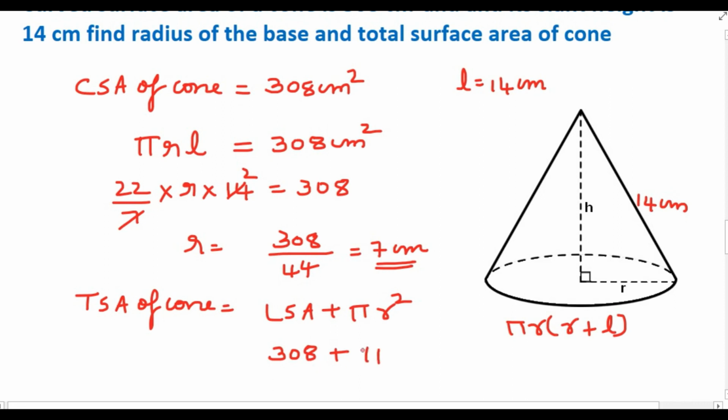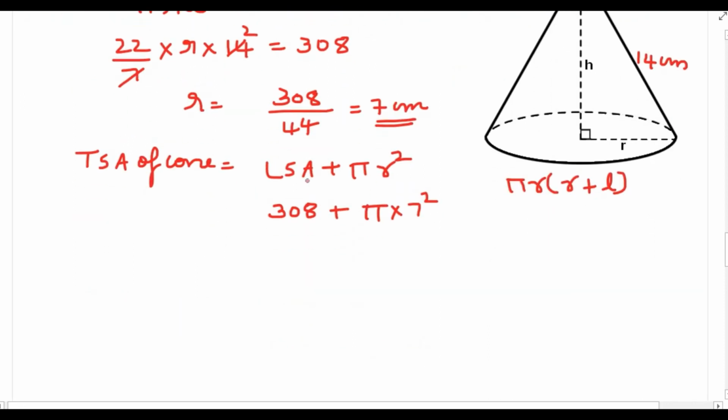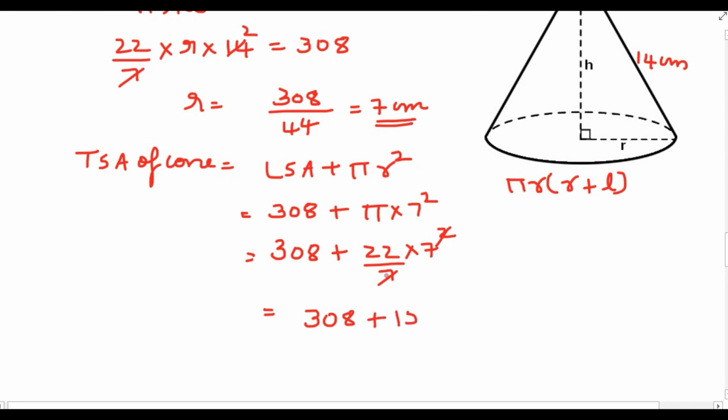Now pi r square is pi into 7 square, that is 22 by 7 into 7 square, one 7 will get cancelled, which is equal to 308 plus 154. So it is 154. So 308 plus 154 is 462 centimeter square.